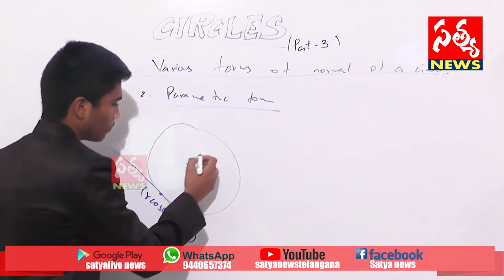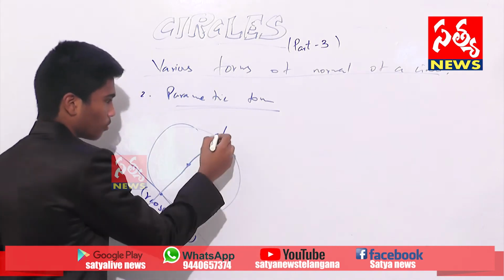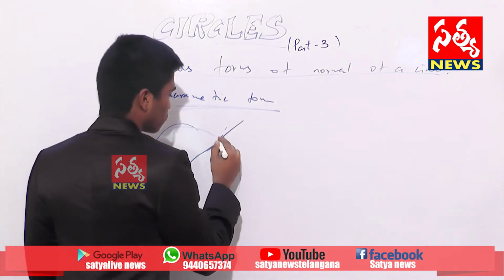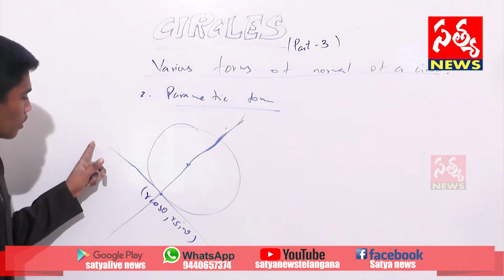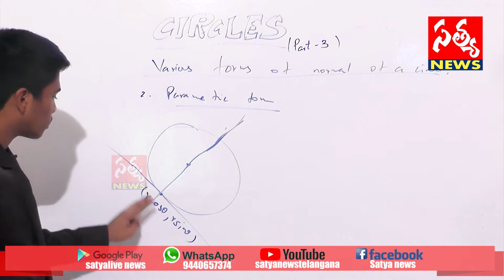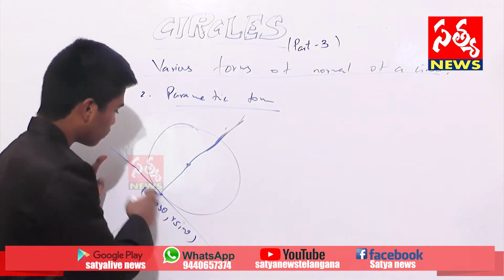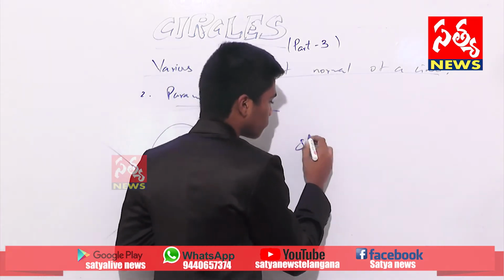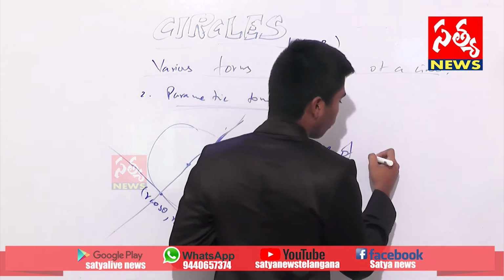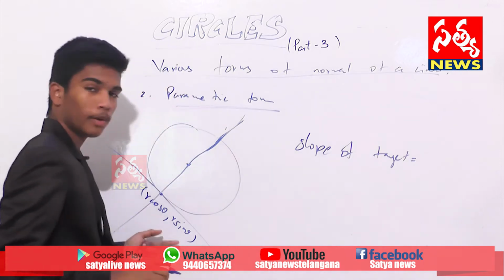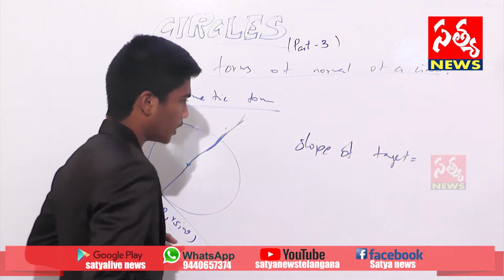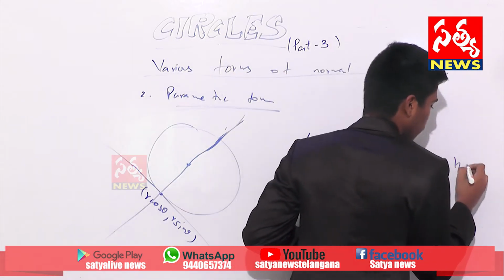Now, this is the normal. By this point, the slope of the tangent to the circle is minus cot theta.